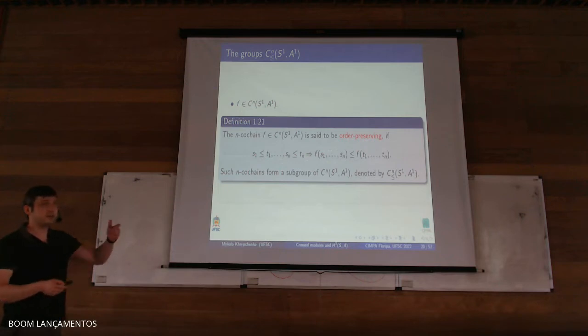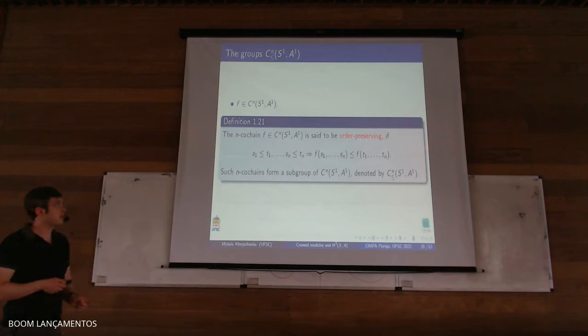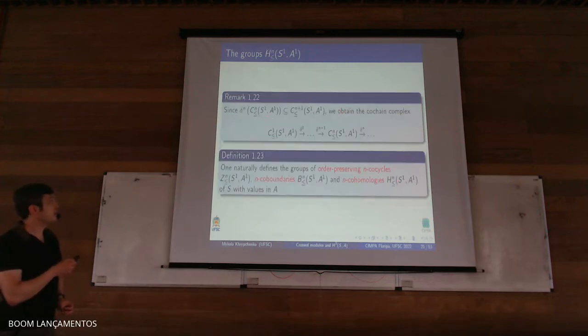If you have n elements of your S and another n-tuple such that they are ordered, then the images will be ordered as well in this semigroup A. So this is what I call order preserving. They form a subgroup of these cochains, which I denote this way. In fact, the coboundary operator respects this subgroup.